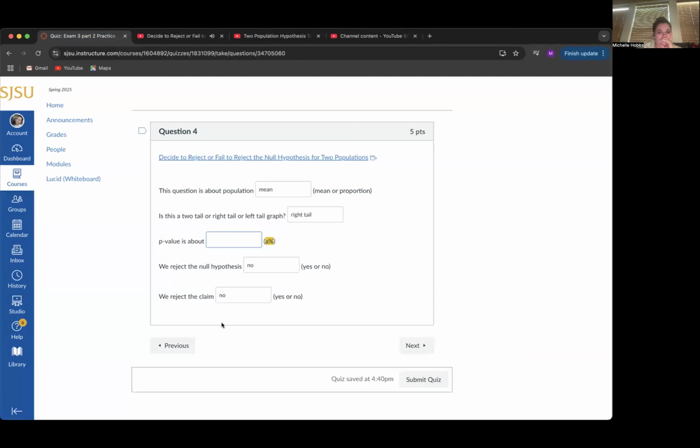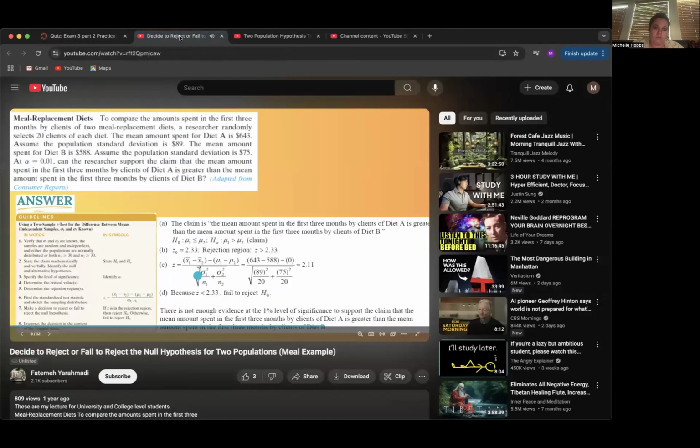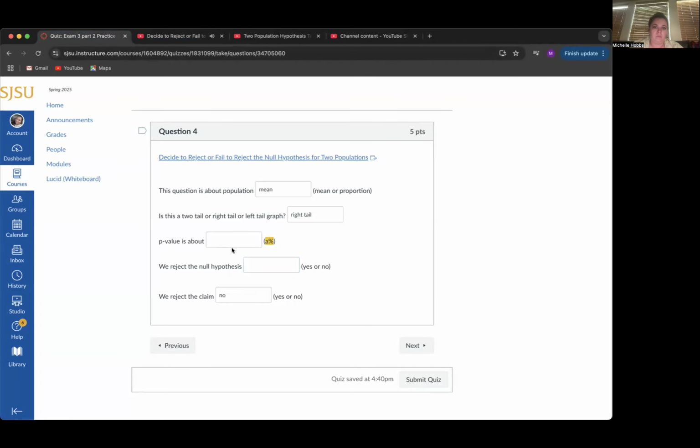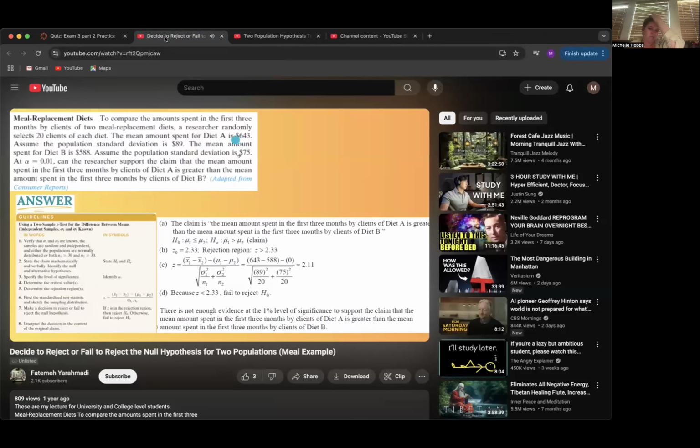But we need to do the calculation. Z is equal to x1 bar minus x2 bar minus the quantity mu1 minus mu2, divided by the square root of sigma 1 squared over n1 plus sigma 2 squared over n2. x1 bar, where is that? The first diet average, which is 643, minus x2 bar, which is 588. We're going to copy that here.